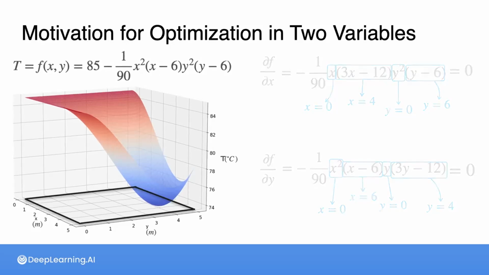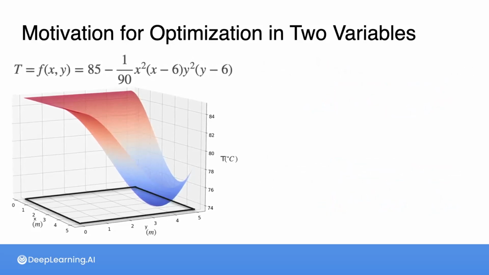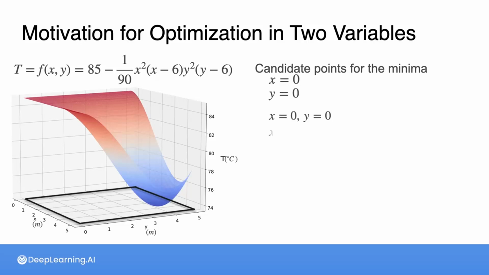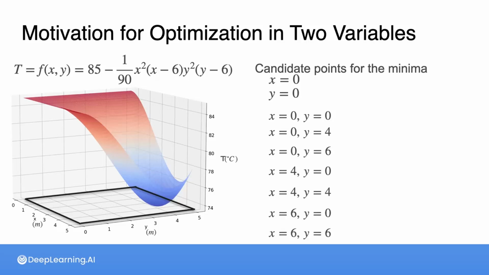So let's put all these candidates together. For these candidates, if x is equal to 0 or y is equal to 0, then you have one point where the gradient is 0. And the other points are all denoted over here. So notice that some points are outside of the sauna, so we don't care about those.